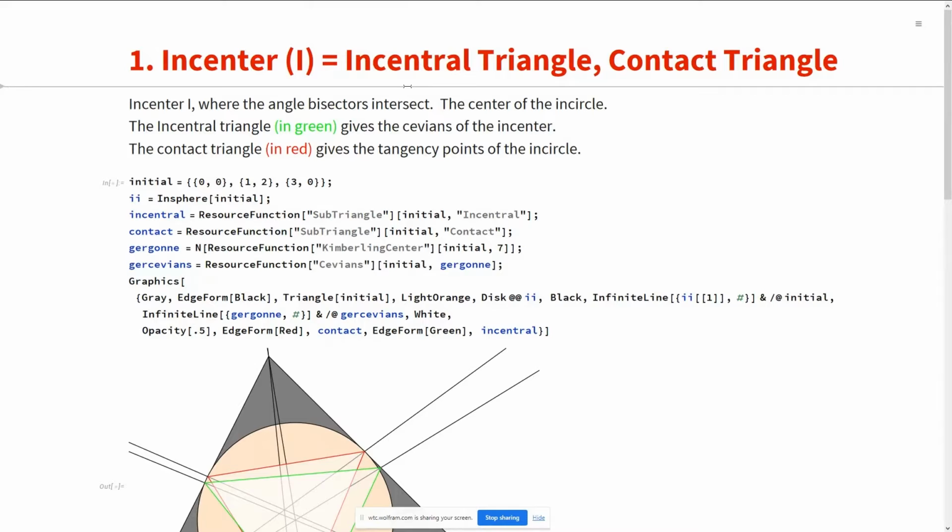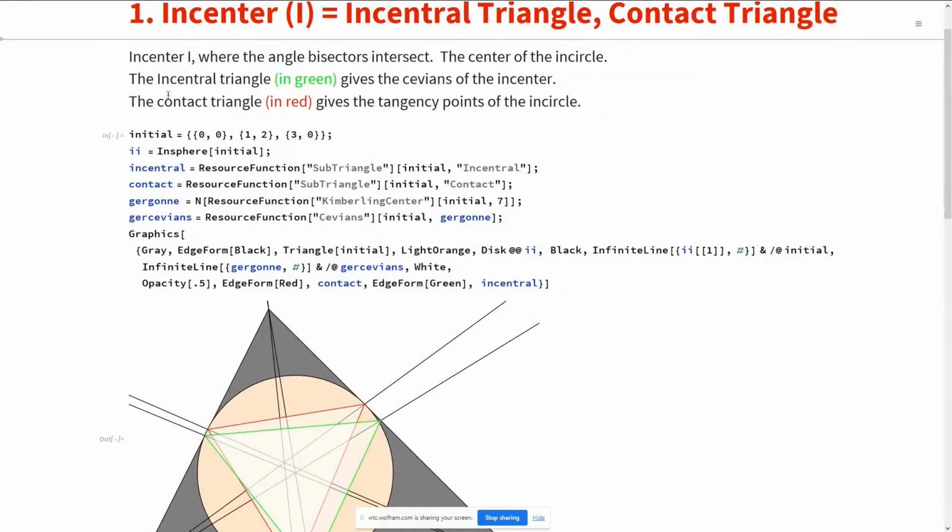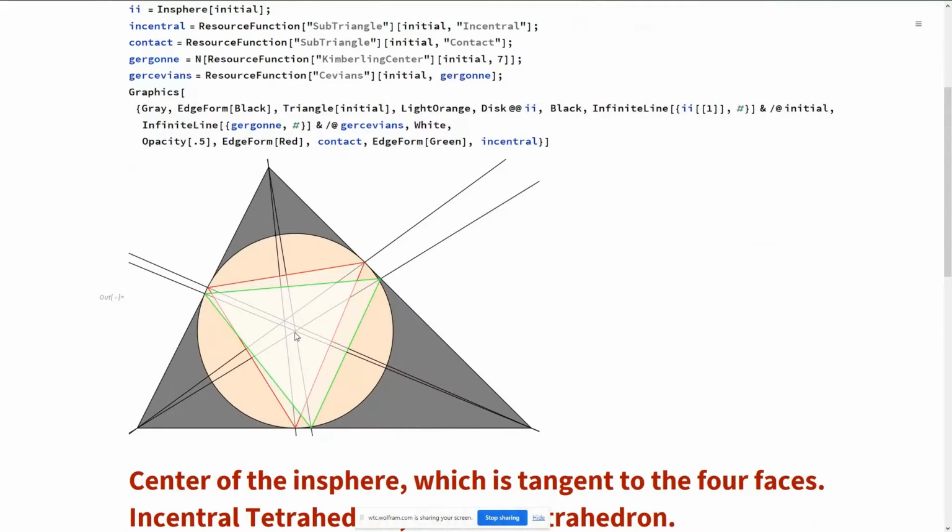So let me start with the incenter. That's the first of the Kimberling centers, and it's the place where angle bisectors intersect. This was known to the Greeks: this point here is a concurrence point between the 3 lines.